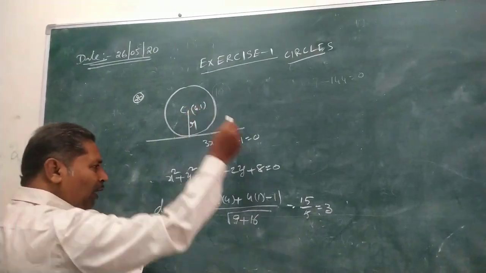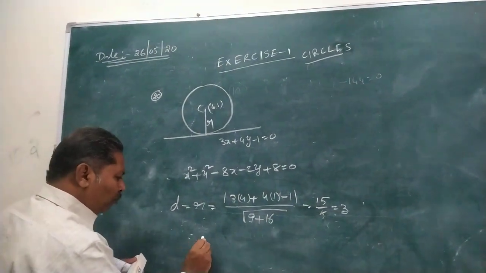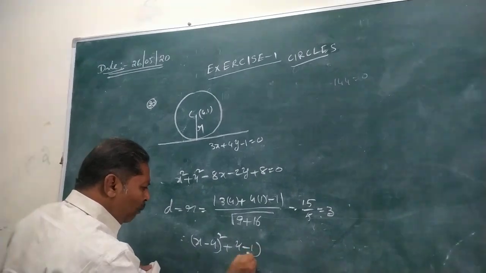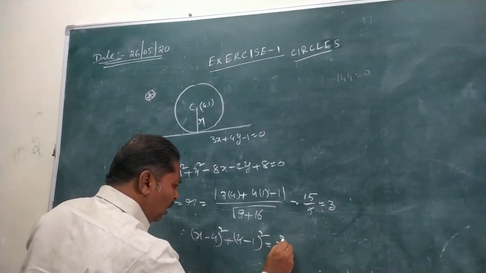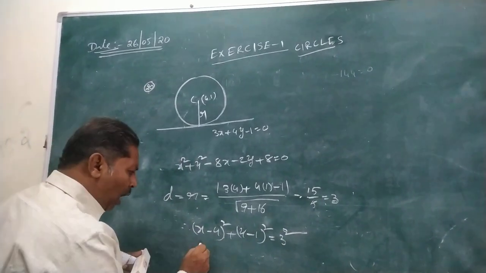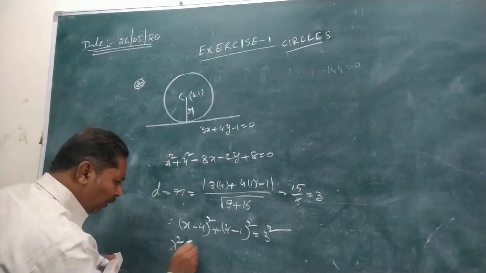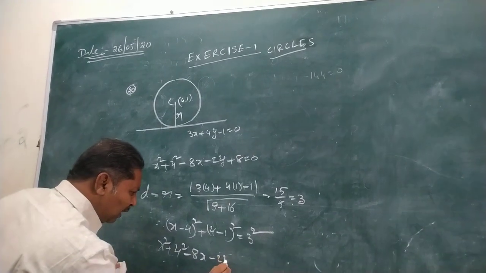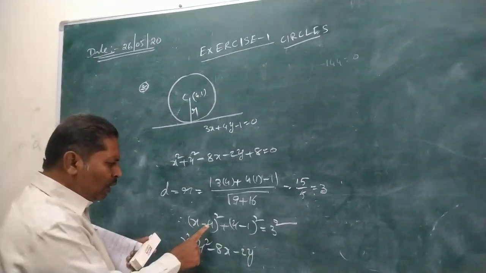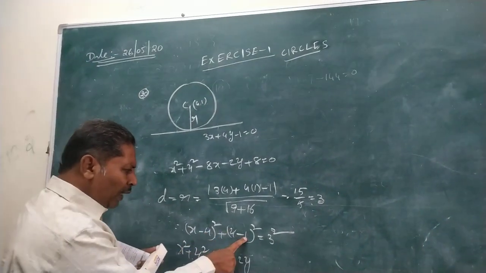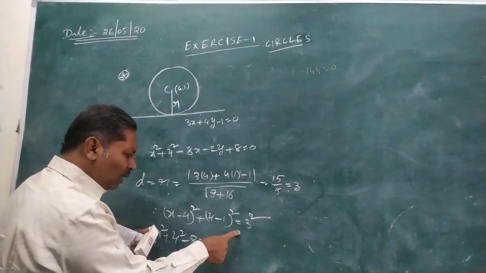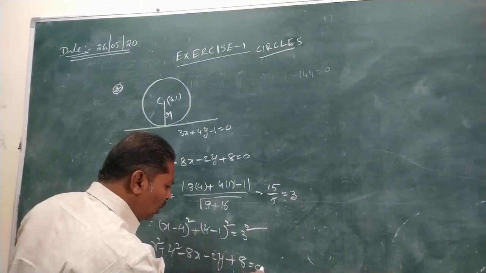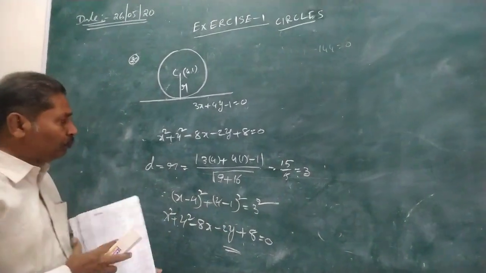So center and radius: x minus 4 whole square plus y minus 1 whole square equals 3 square, or x square plus y square minus 8x minus 2y plus 16 plus 1 is 17, 17 minus 9 equals plus 8 equals 0.